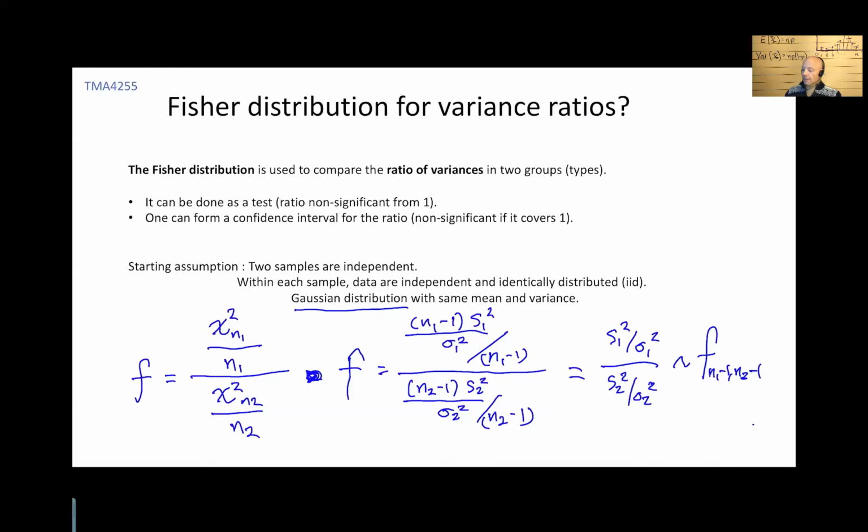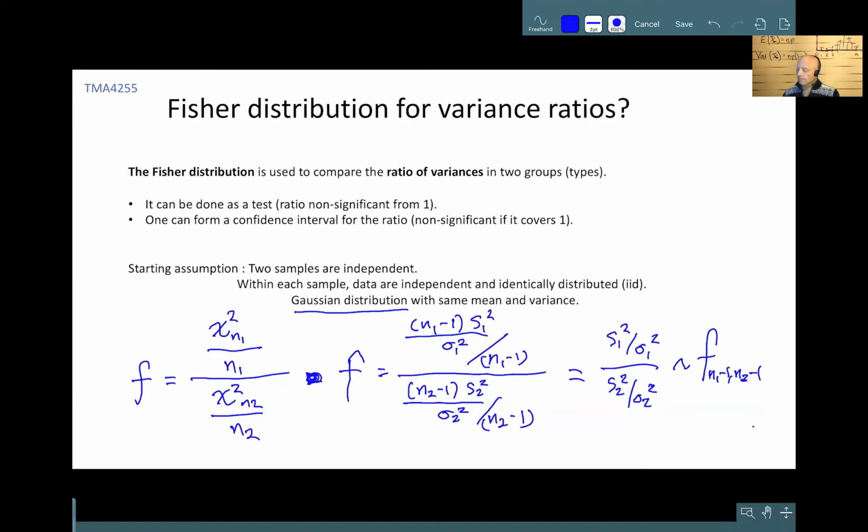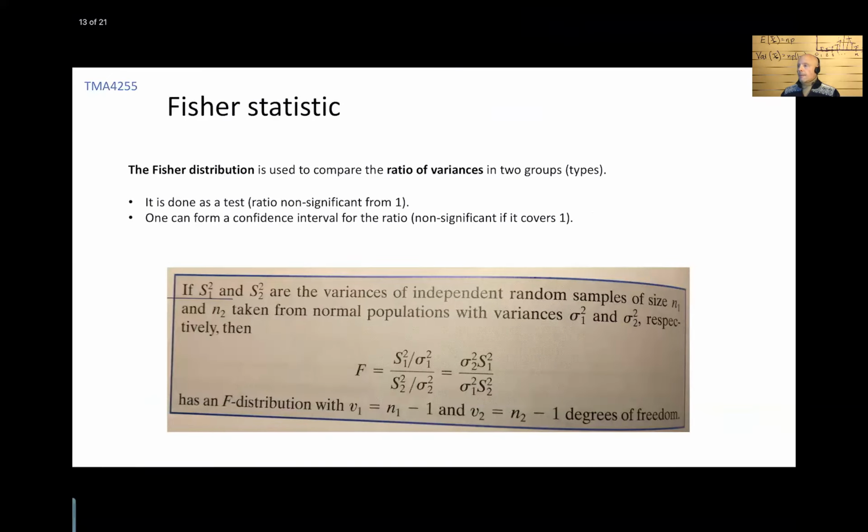Then this will cancel, and we will only compute s1 squared over s2 squared, and we can check if this is really large or really small compared with what we expect from this Fisher distribution with n1 minus 1 and n2 minus 1 degrees of freedom. Okay, so here you see the Fisher statistic. Of course, this is not only used for testing, it's also used for confidence intervals. So that's good to know.